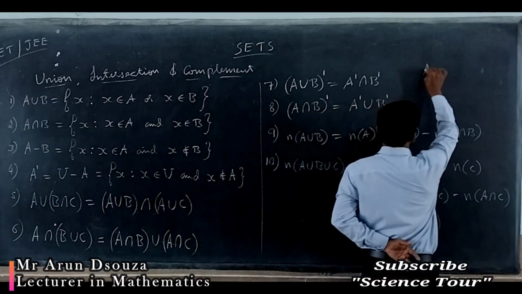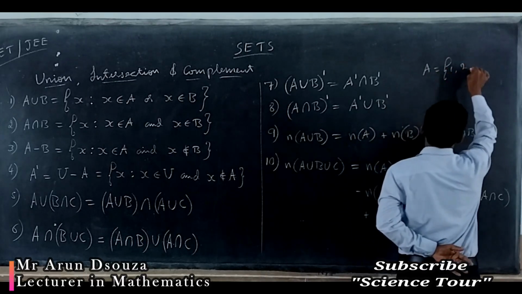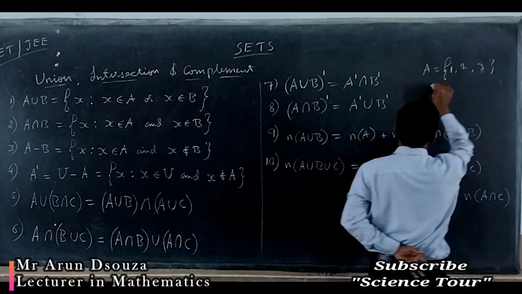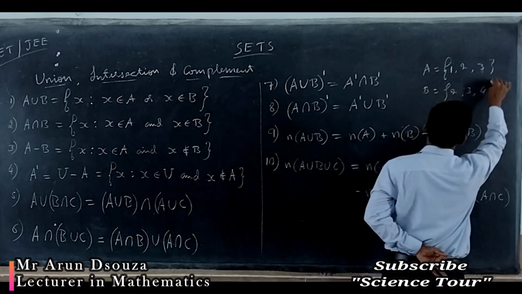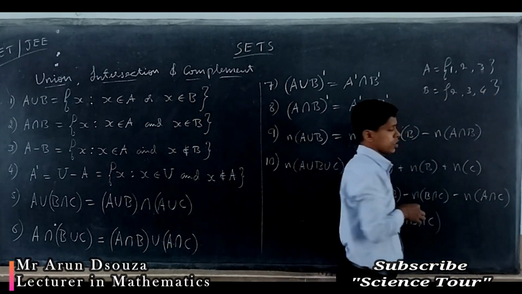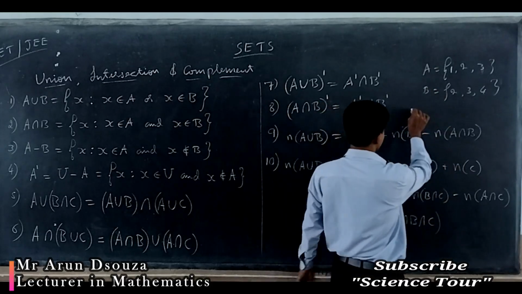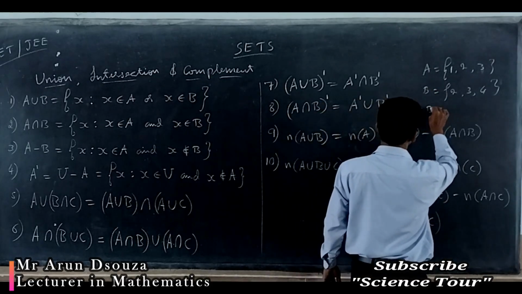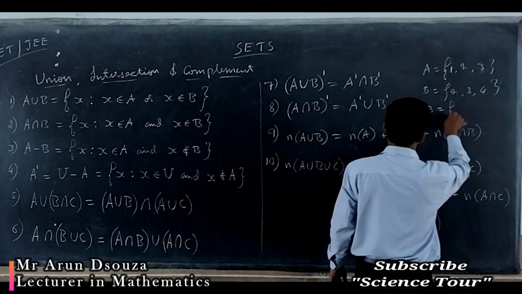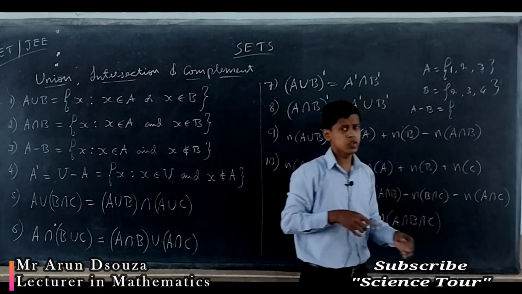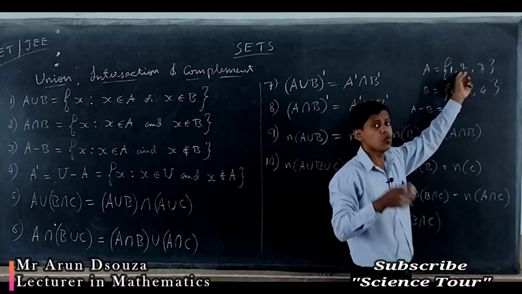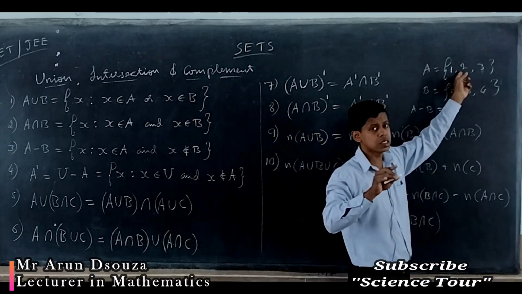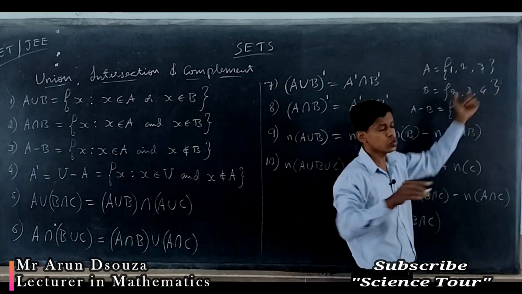You have, let us say, 1 2 3, and as I already said, let me take 2 3 4. So you have to write all the elements of A except those elements which are found in B. Now in the set A, which are those elements which are found in B? 2 and 3.